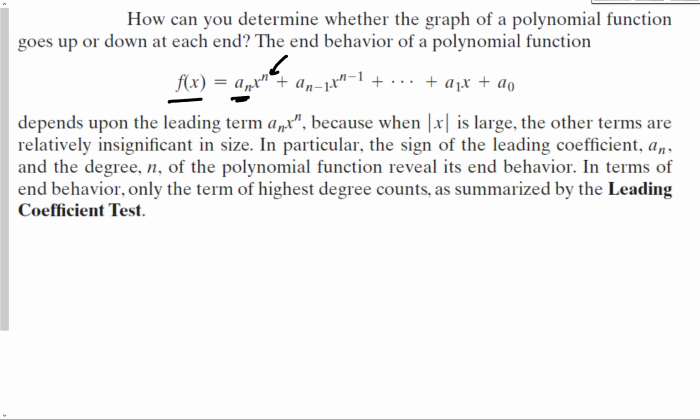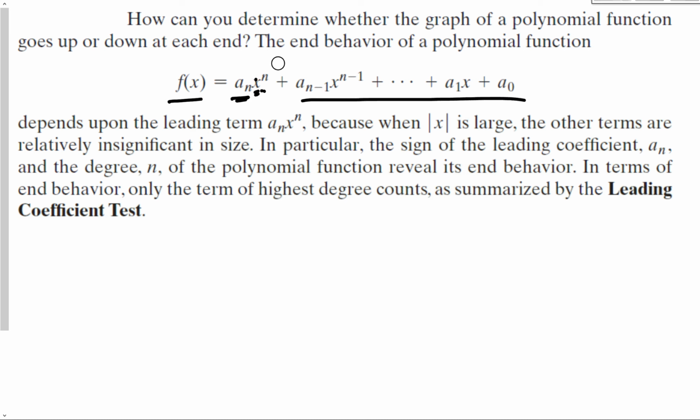So when the absolute value of x is large, whatever I'm plugging in for x, as this number gets bigger and bigger, the rest of the stuff is not going to have nearly as much of an effect on the function graph because that's the biggest power, right?